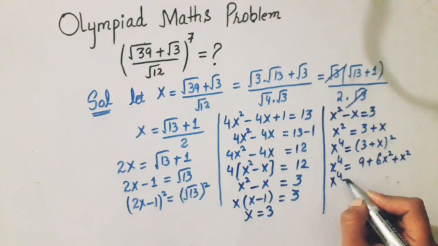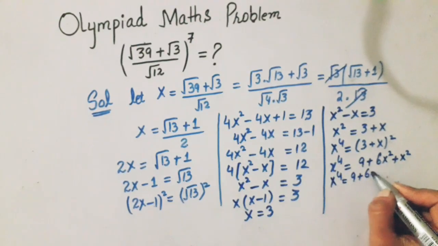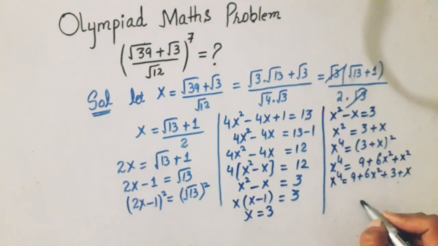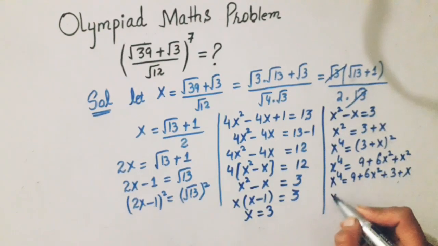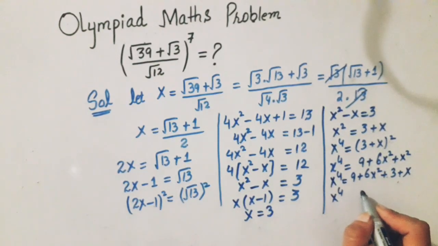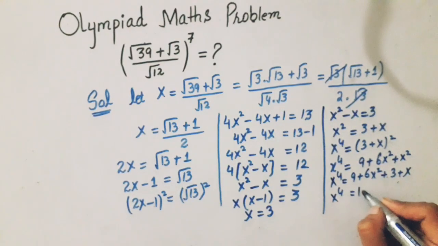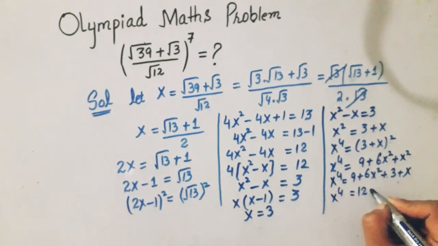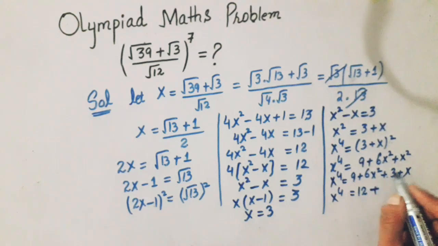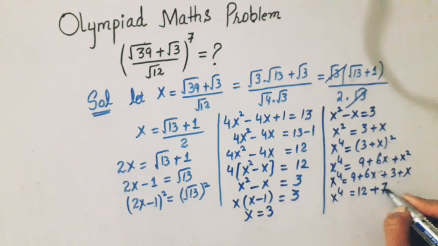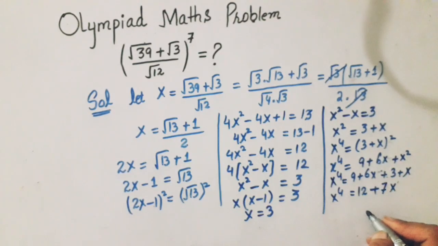So x4 equals 9 plus 6x plus 3 plus x. That means x raised to power 4 equals 9 plus 3, that is 12, plus 6x plus x is 7x. So we get x4 equals 12 plus 7x.